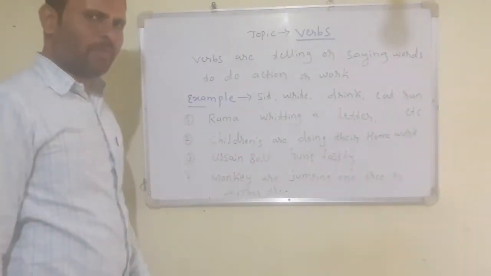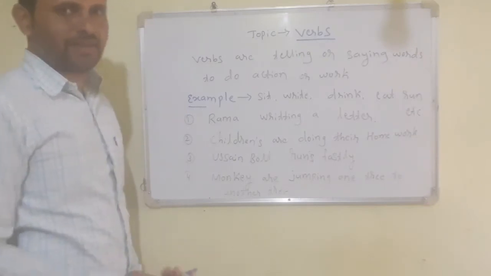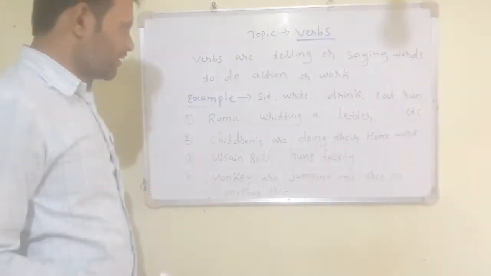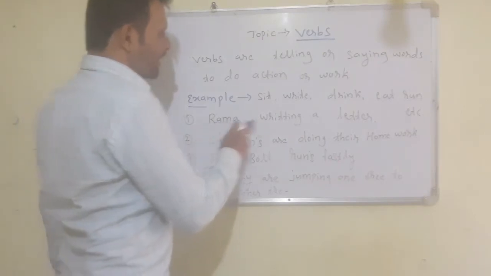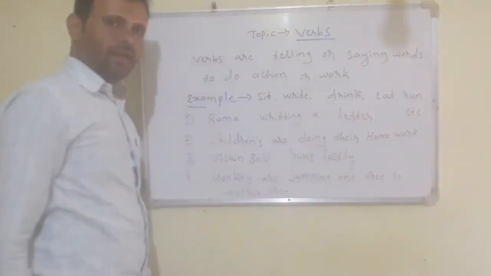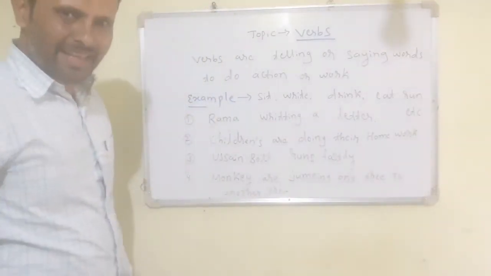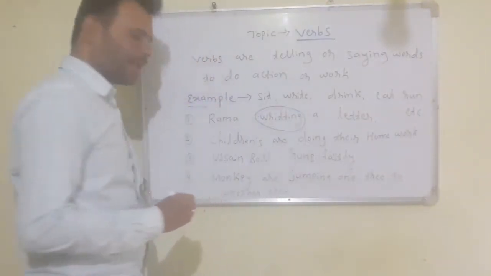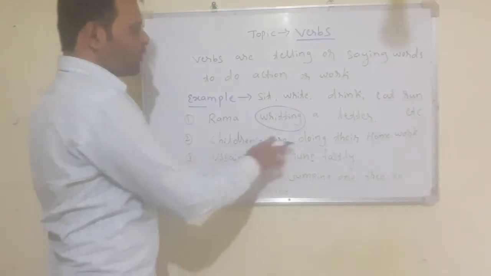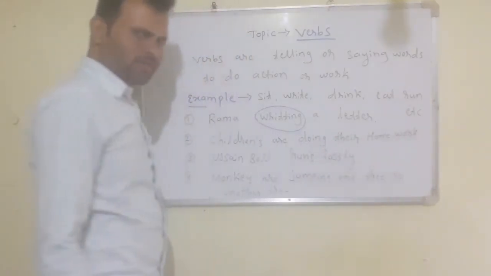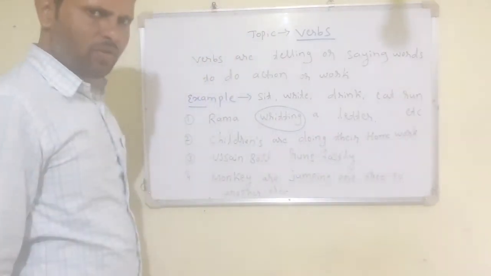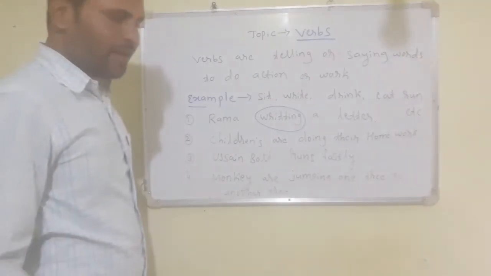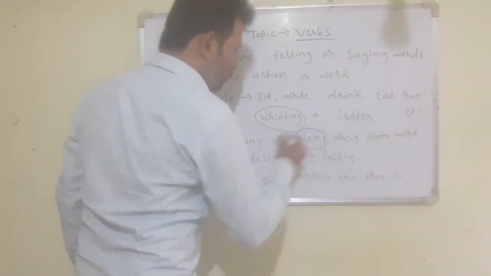With the help of examples, we have to discuss how to identify a verb in a sentence. Rama is writing a letter. Which word says the action? Writing is the verb. Children are doing their homework. What are the children doing? They are doing their homework, so doing is a verb.